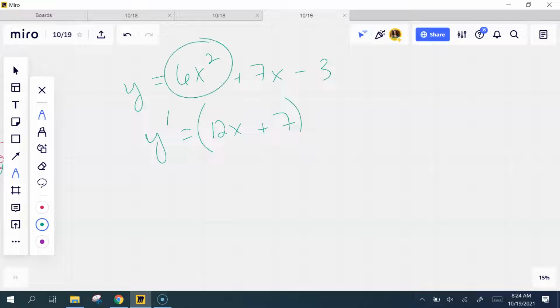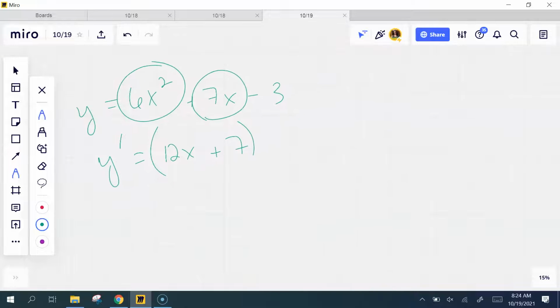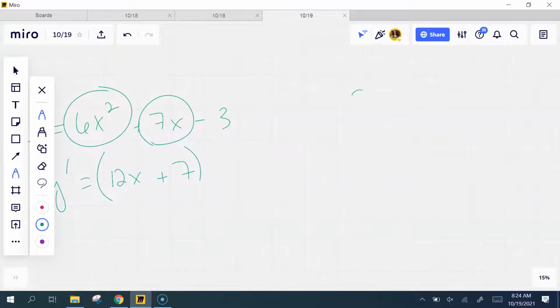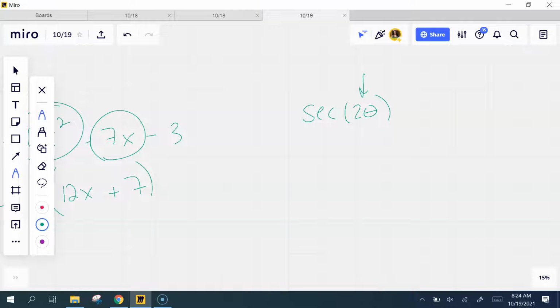These I look at as individual pieces. If you see something where it looks like another function is embedded in another function, so maybe something like that. Since it's not just a variable, if I could take something out and replace it with u, then it's kind of embedded in there, if that makes sense.